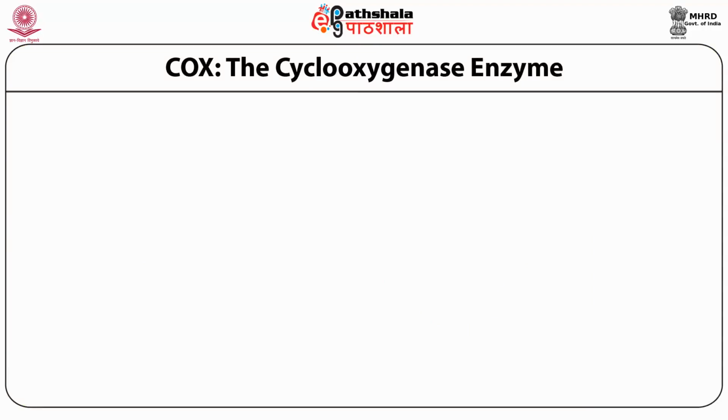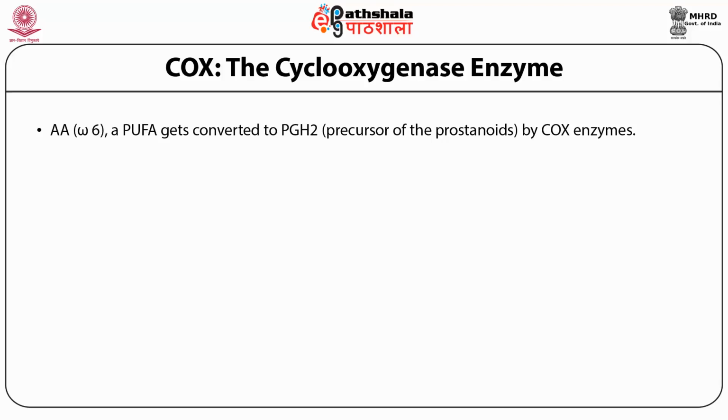Regarding the cyclooxygenase enzymes, arachidonic acid, a polyunsaturated fatty acid, gets converted to prostaglandin H2, which is a precursor of prostanoid, by the cyclooxygenase enzymes.